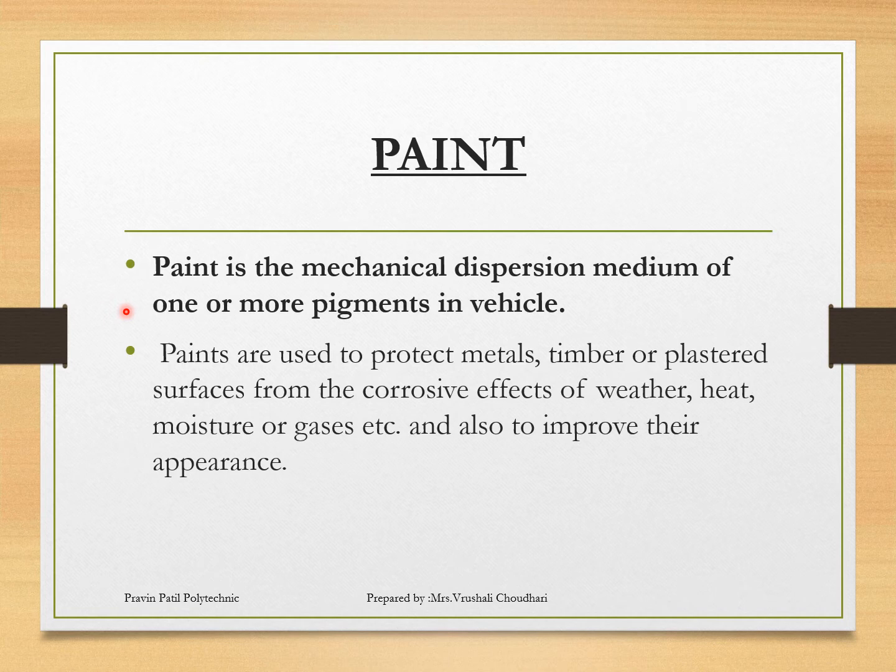So due to the paint, metal is protected from corrosion. Timber, the wooden surface, is coated with paint, so it is not affected by moisture and external conditions. Walls are coated with paint. Due to that, they look better, appearance is improved, and they are protected from heat, moisture and gases.